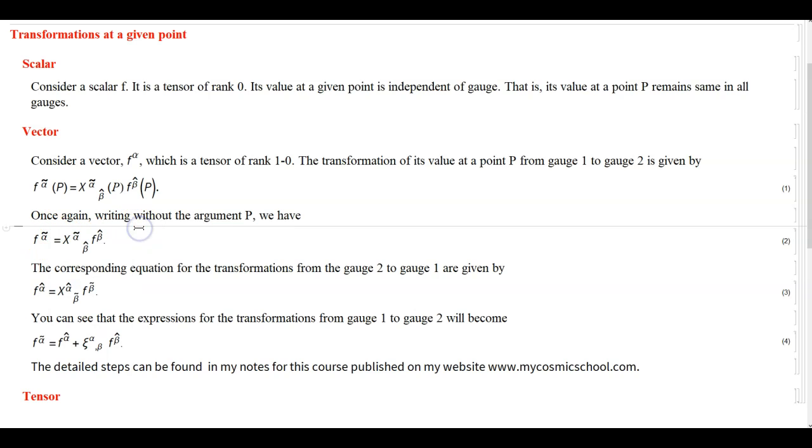This is how we achieve the transformation of the value of a field at one given point. You can do this as an exercise, and you can see that from this expression we get this expression. For the details, you can visit my website mycosmicschool.com and find the detailed steps in the notes for this course on this website.